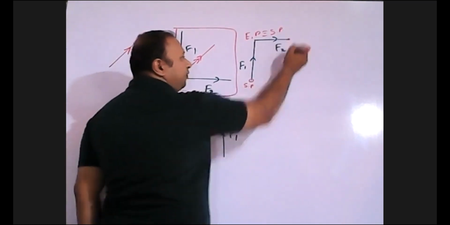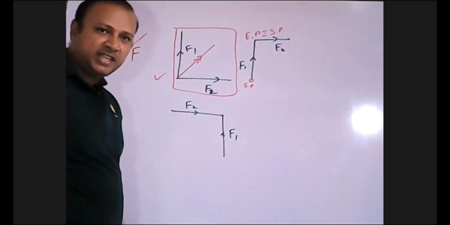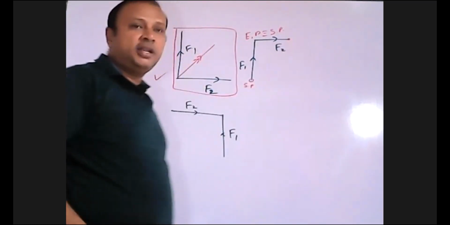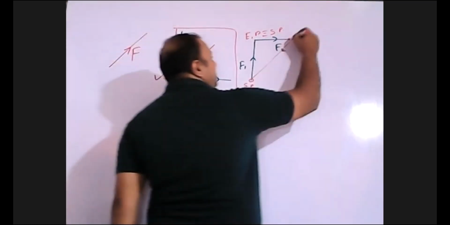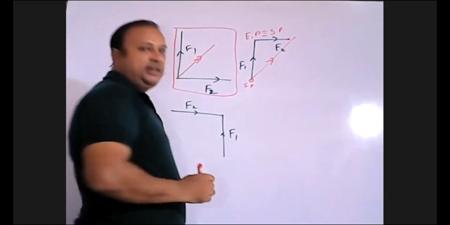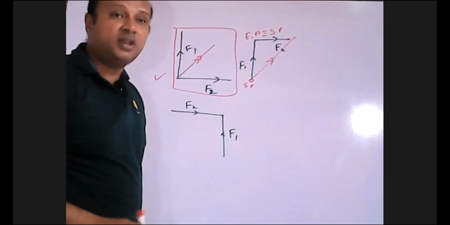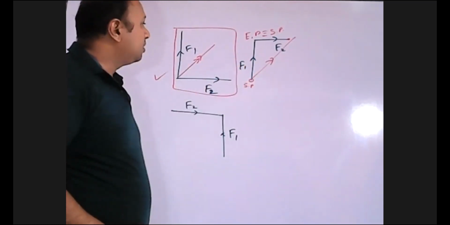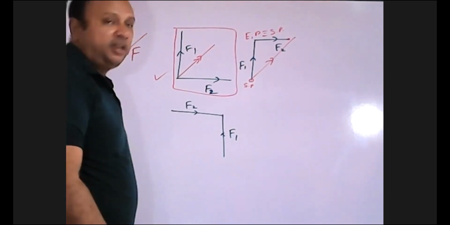Now there are two free ends, one is a starting point, the other is the end point. If I connect these two, we will have the resultant force of the vector system, or the resultant force of F1 and F2.